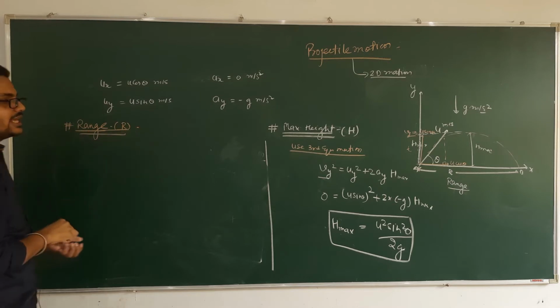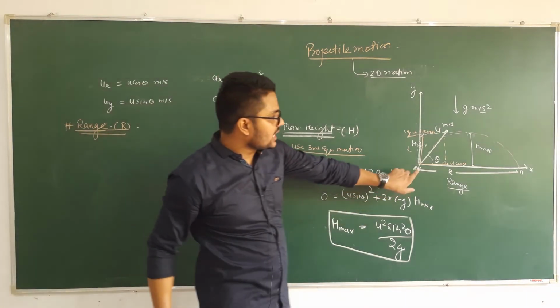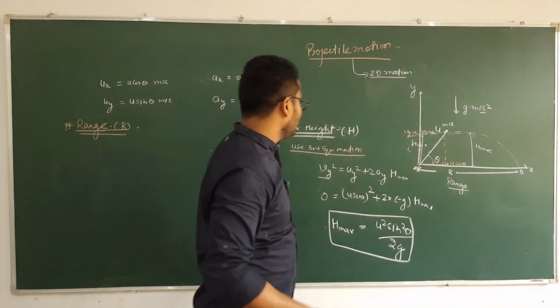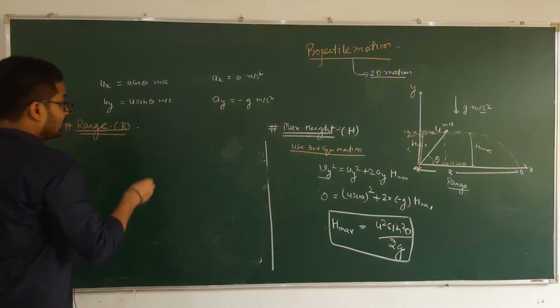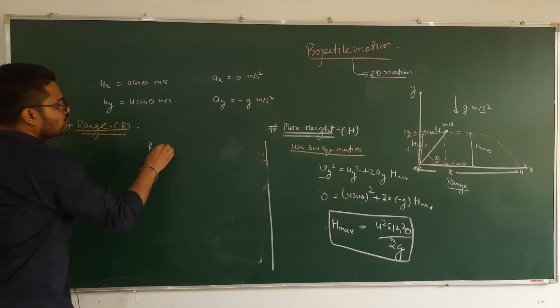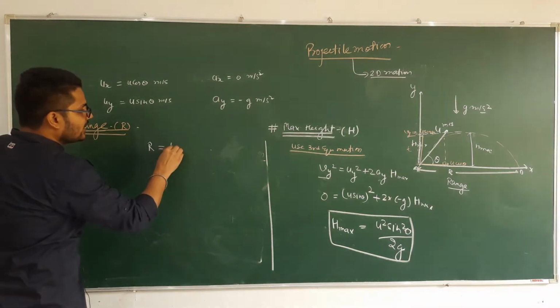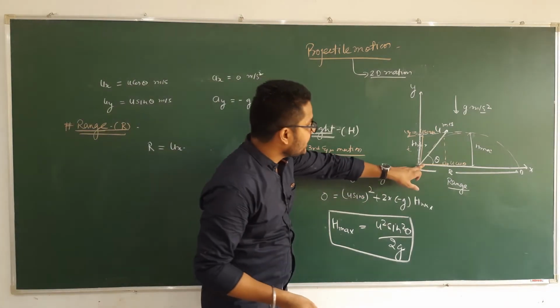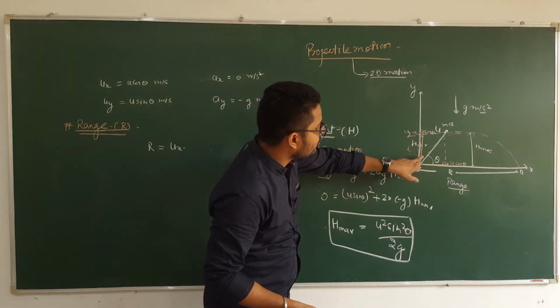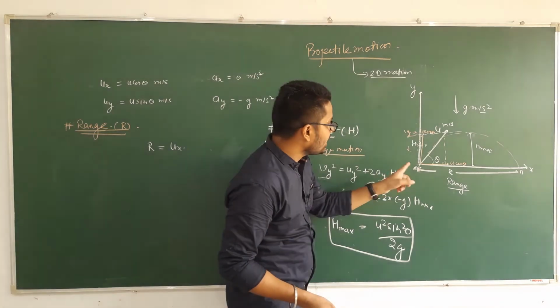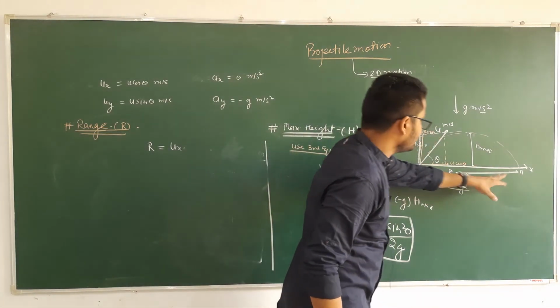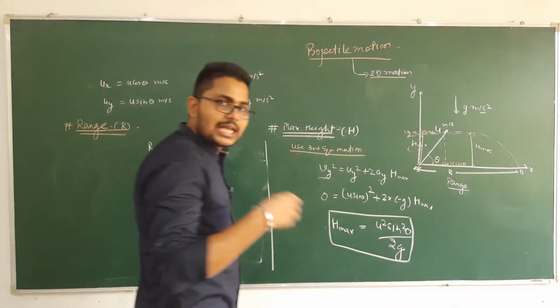In the horizontal direction there is no acceleration, so simply we can use range is equal to the velocity in the horizontal direction, ux, times the total time. This is the time it takes to reach the topmost point and come downward, the same time the particle goes from point A to B, the total time of flight.